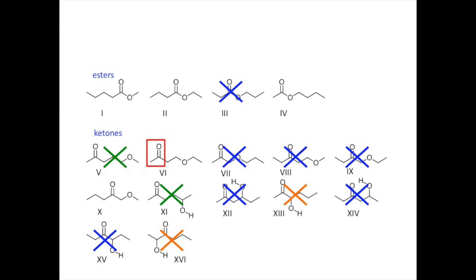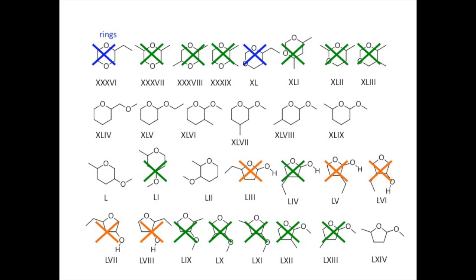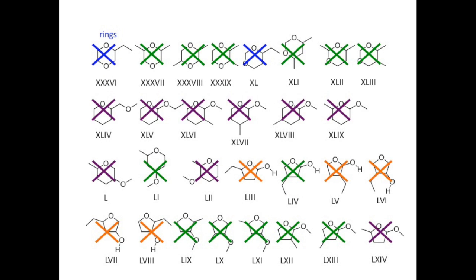This carbonyl and its neighboring methyl group may be lost by an inductive pathway. However, none of the remaining ring structures will exhibit either type of mechanism. They can be ruled out.